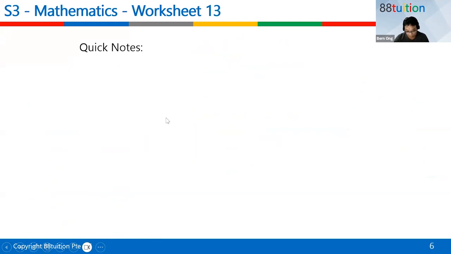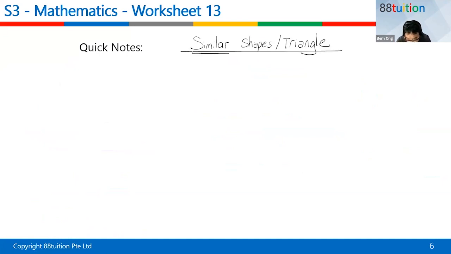And now the notes for worksheet 13. This is more on similar triangles, similar shapes or triangles specifically. So similar, what does it mean? This word similar means they look alike, but not exactly the same.